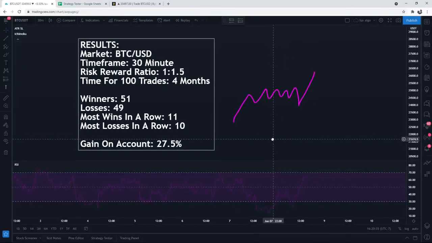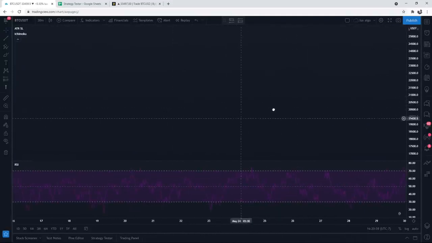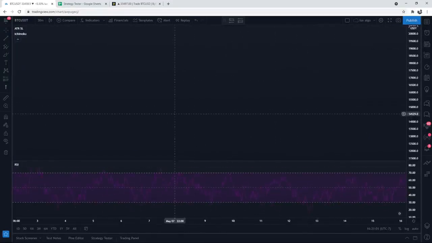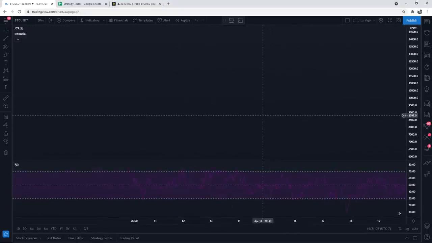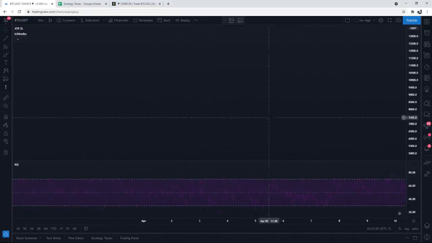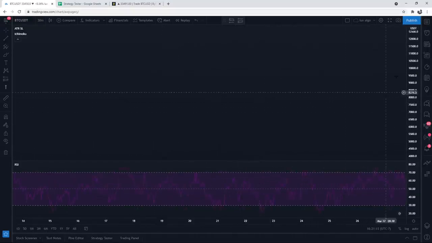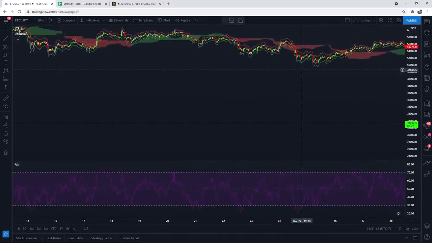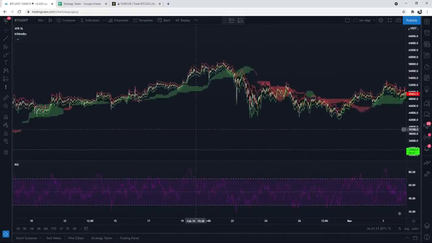But then in a strong trending environment, let's try and find a period on the RSI where it just stays oversold or overbought for a long period of time. Let's look at some price action here.